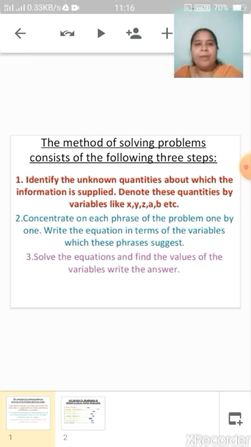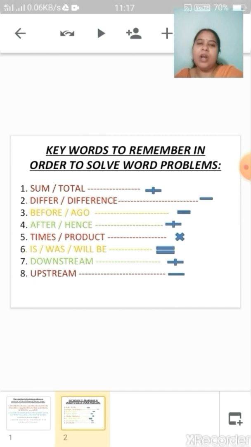Now I have prepared a list of important terms or words which will be frequently used in word problems. So I would like you to make a note of all these things and understand how this is applicable in word problems. So, keywords to remember in order to solve word problems. The first is, if you find the word sum or total in any question, it always indicates that you have to add.